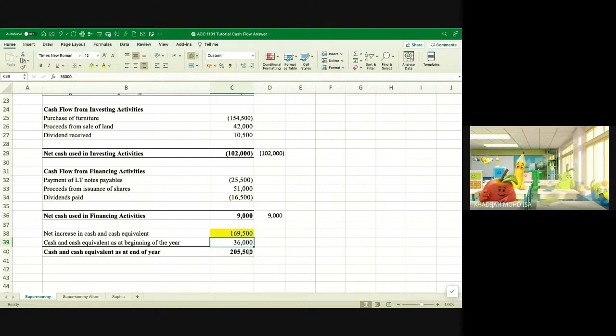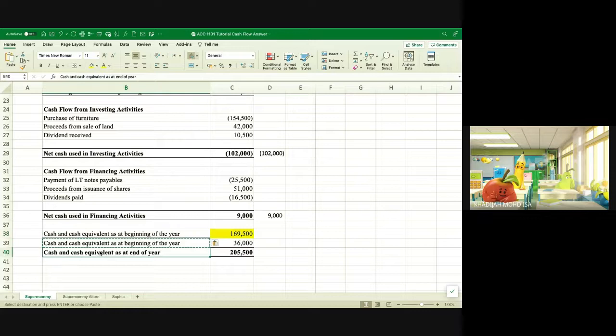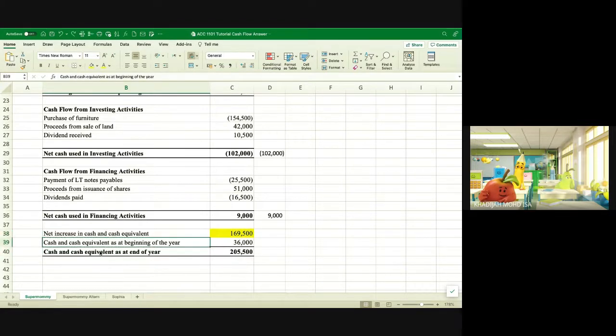So you can do it like this, okay? I would rather have it like this. Command C, Command V, and then I also Command C, Command V here. Right? So you know that your cash equivalent is 36,000. That is the beginning.